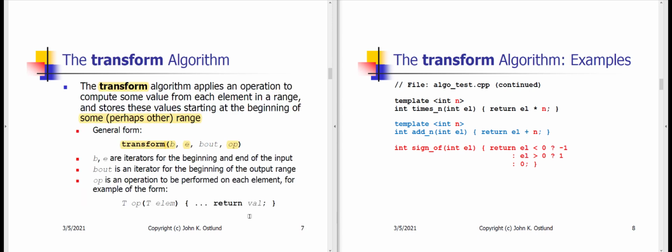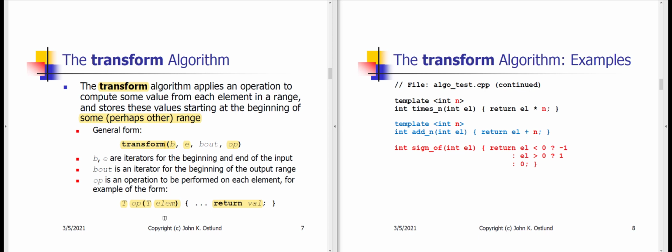The transform operation, on the other hand, takes an element by value, performs some operation on that element, and then returns some modified value which has to be of the same data type as the input argument.